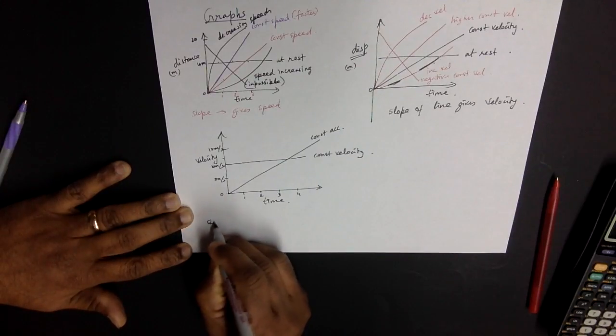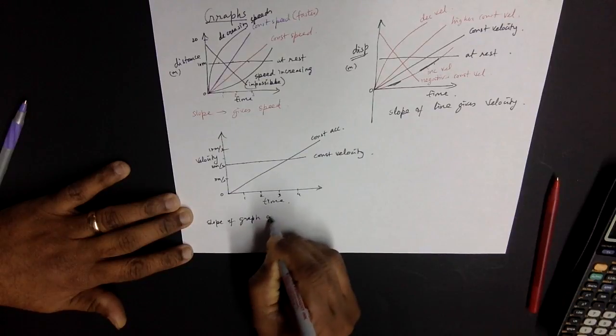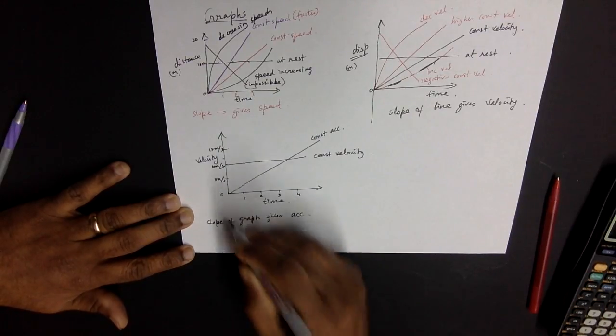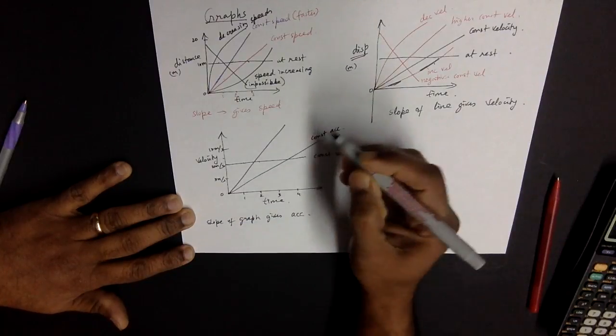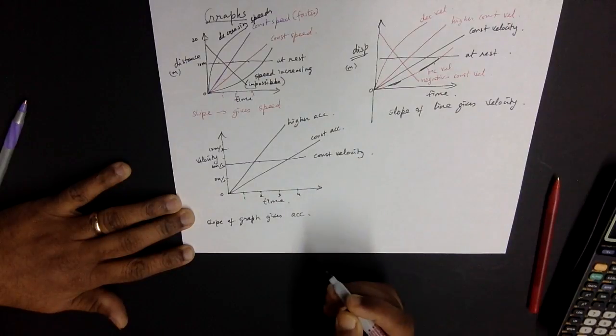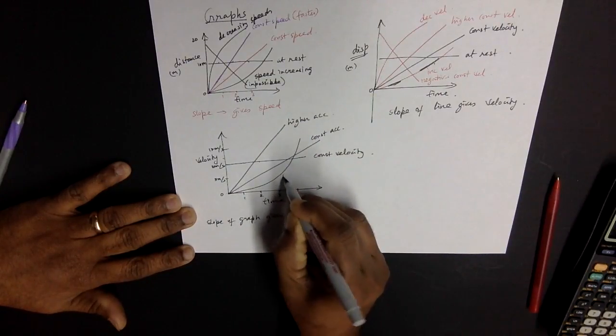So slope of the graph gives acceleration. So this obviously means higher acceleration. And this means increasing acceleration.